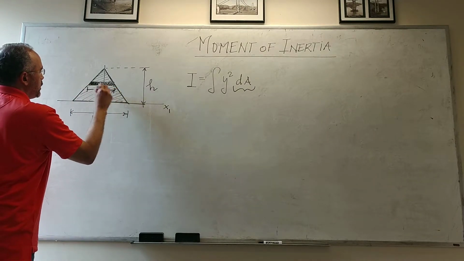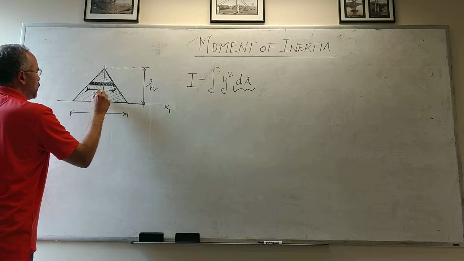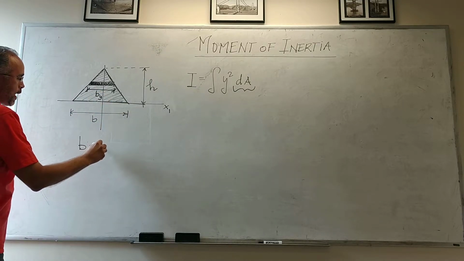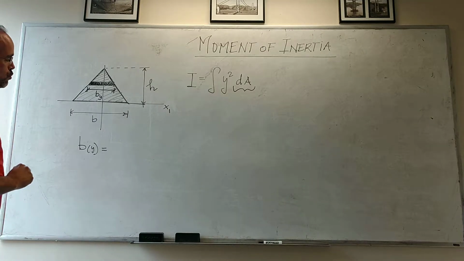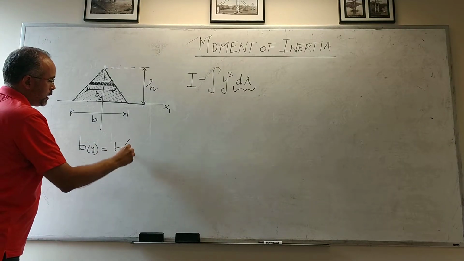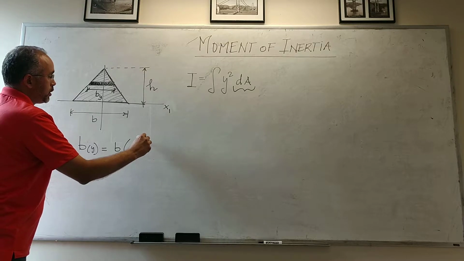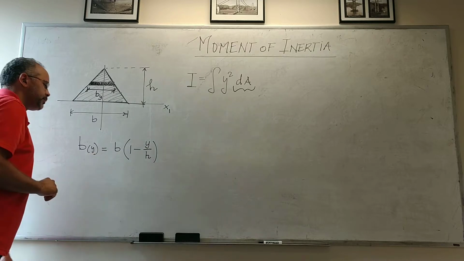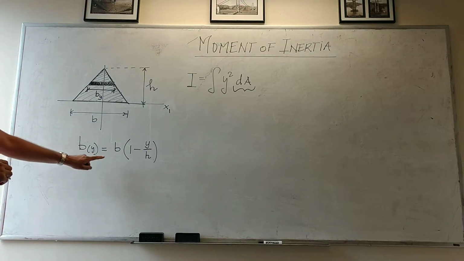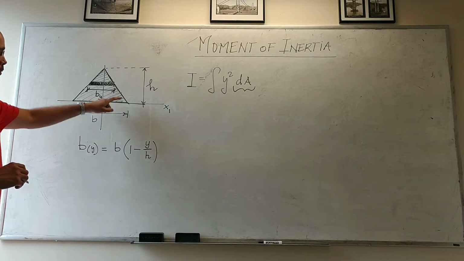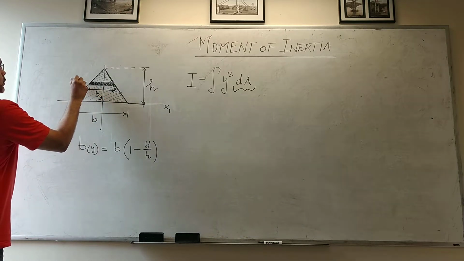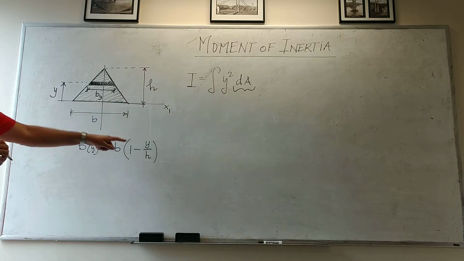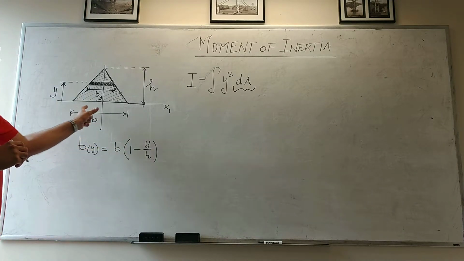The width of this strip, b of y, is a function of y, which is equal to b times 1 minus y over h. Right? When y is 0, if we measure y from the base, when y is 0, b of y is b.